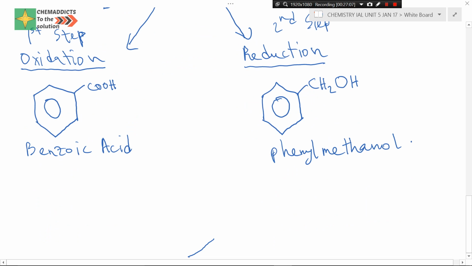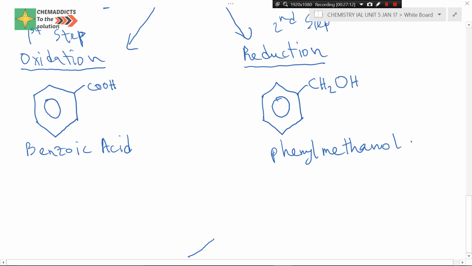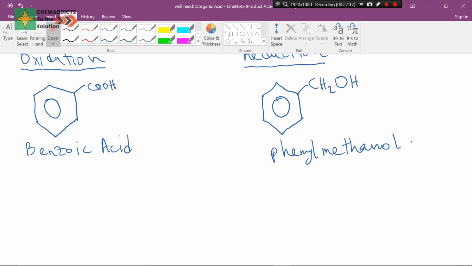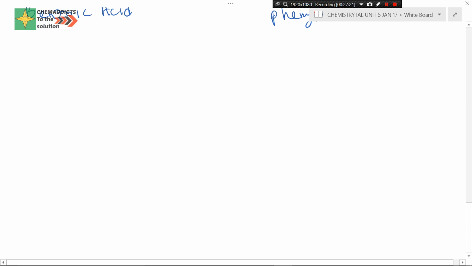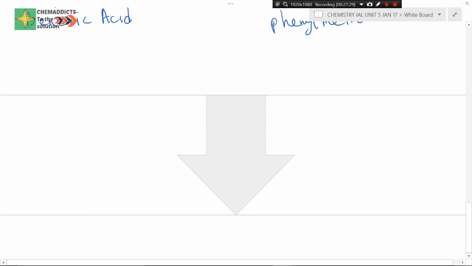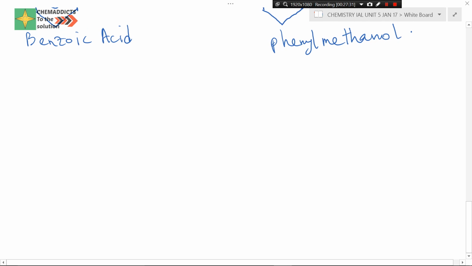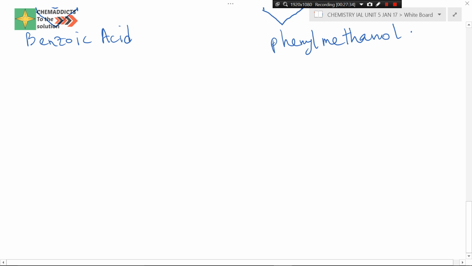So now we can carry out esterification, since we have got an alcohol and an acid.